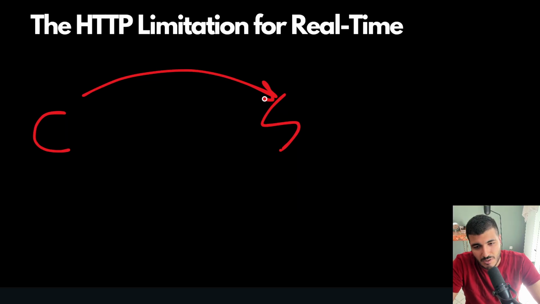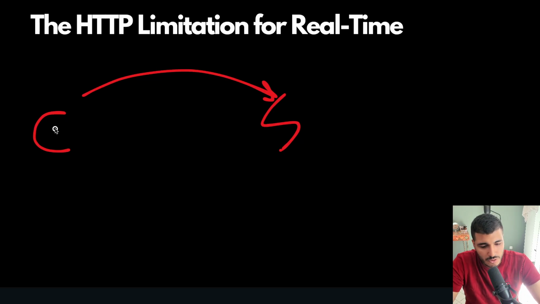This is better than basic polling, but still involves connection overhead and isn't truly full duplex. These methods are clunky and resource intensive for applications demanding true real-time updates like live chat or stock tickers.